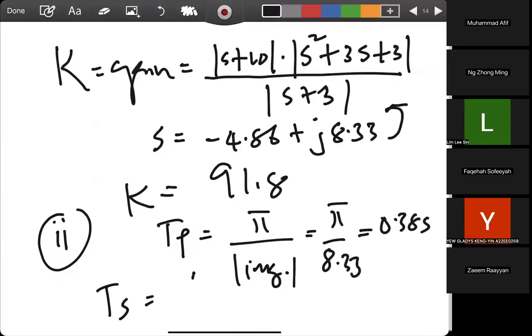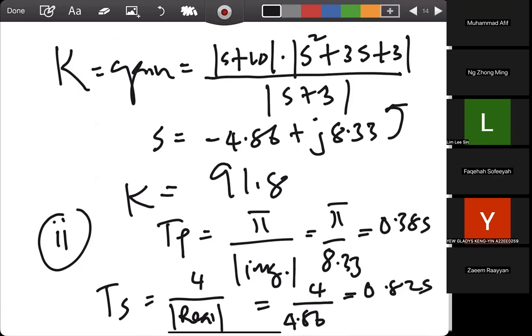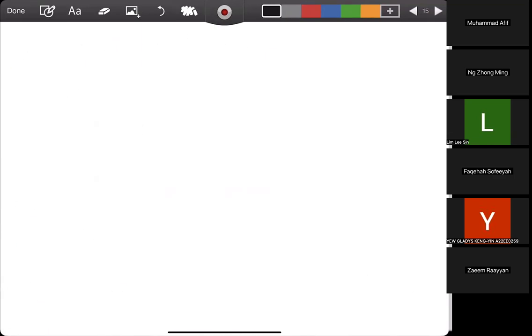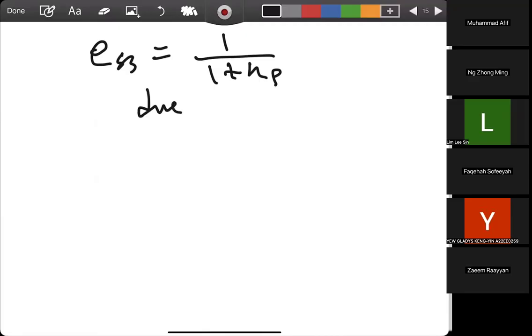Settling time is 4 divided by real, which is real is 4.86. And the steady state error. So steady state error is 1 over 1 plus Kp due to system type 0. Is it correct? Yes.